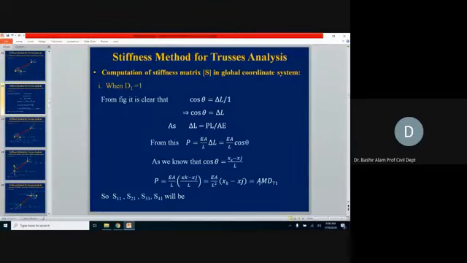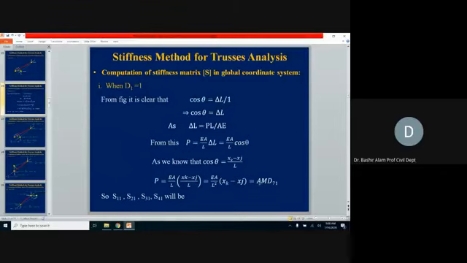So now when we give a horizontal displacement at joint 1, we produce S11, S21, S31, and S41, and similarly the AMD of the member by this one displacement.